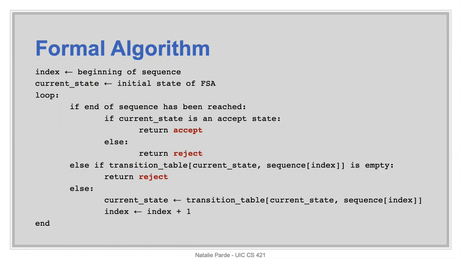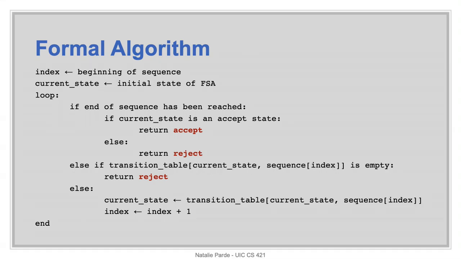Here's the formal algorithm of what that would look like. We initialize the sequence index to the beginning of the sequence and initialize the current state to the model's initial state. We then enter a loop where we have a few possibilities that determine the next action. If we've reached the end of our sequence and the current state is an accept state, we can accept the sequence. Otherwise, we can reject it.